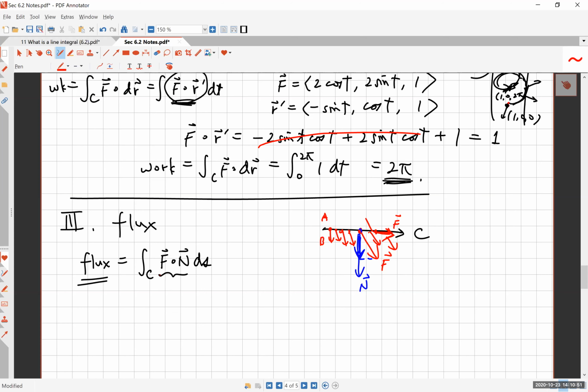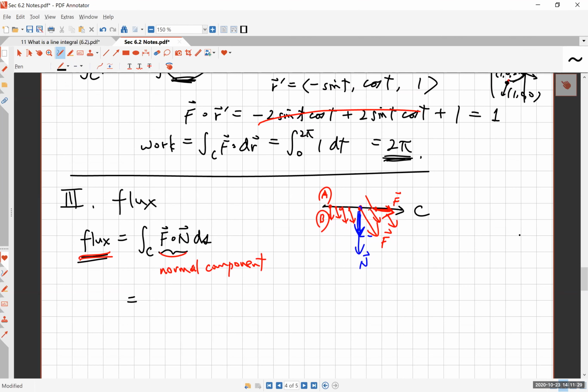When you integrate the normal component of the vector field F at every single point, you will get the penetration, or the amount of things flowing from one side A to the other side B of the curve C, and that is flux. So hopefully it makes sense that the flux is the integral of F dot N, because F dot N is the normal component. And so that's pretty much it.